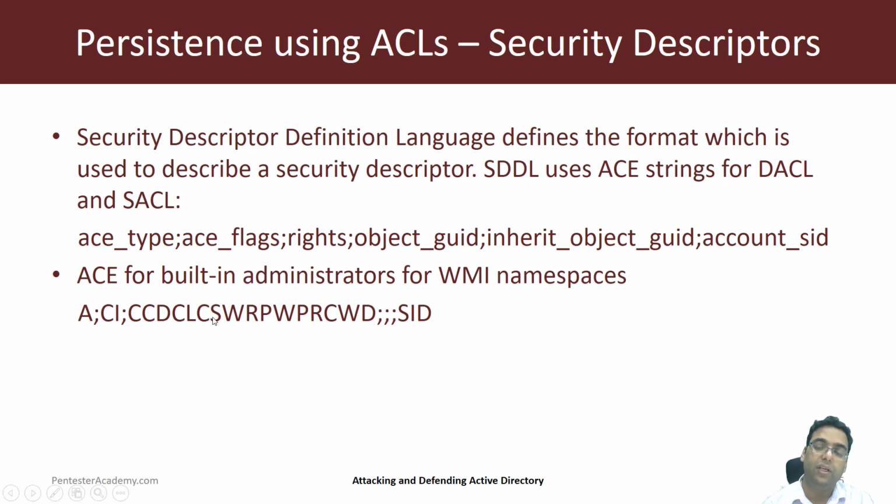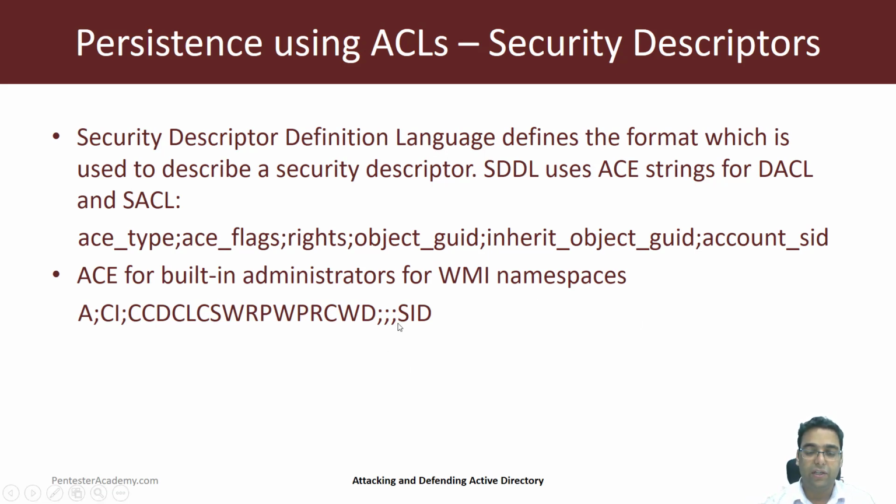For all the WMI namespaces, the built-in administrators group BA has the following ACE. ACE type is allow, ACE flag is container inherit. All of these are different rights. All of these clubbed together mean full control over the current namespace.